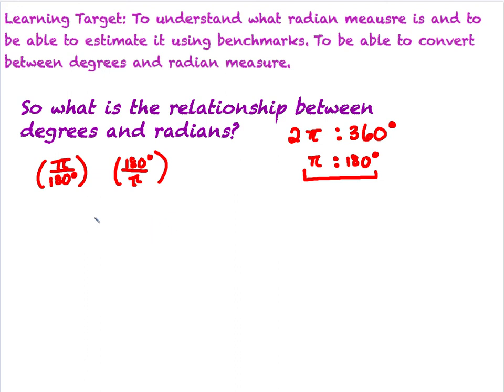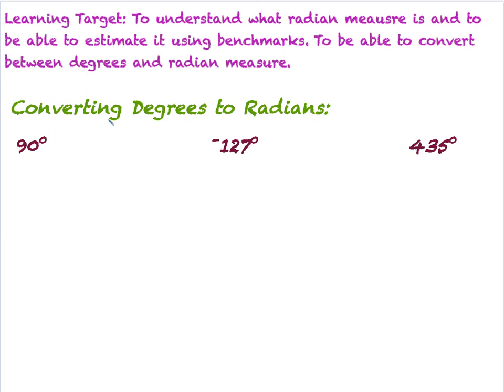Okay. Now, in typical, what you do, and let's again look at an example. So here we want to convert from degrees to radians. So I want to get rid of degrees and I want to end up with radians. All right. So if I take my 90 degrees, I want to get rid of this unit. Now, I know I'm going to multiply by either pi over 180 degrees or 180 degrees over pi.